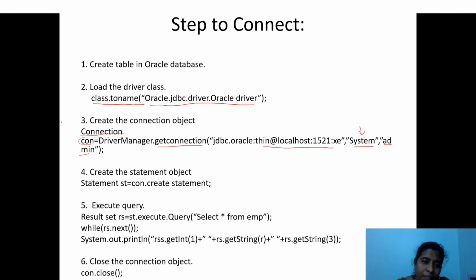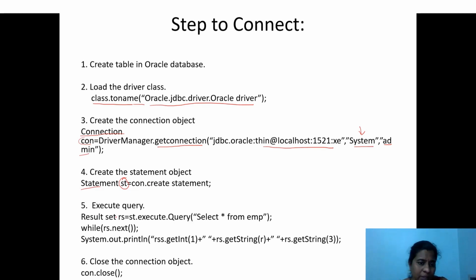Then create the statement object. There is a class called Statement, and you have to create a statement object. Using that only, you will execute the actual query, so before that you have to create the object for the statement.